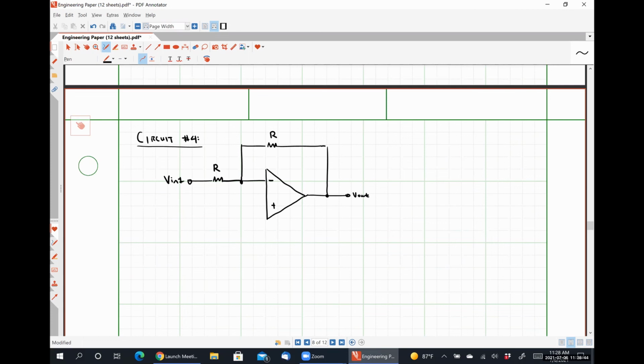This guy is also going to have multiple input signals, so we won't get a voltage gain equation.